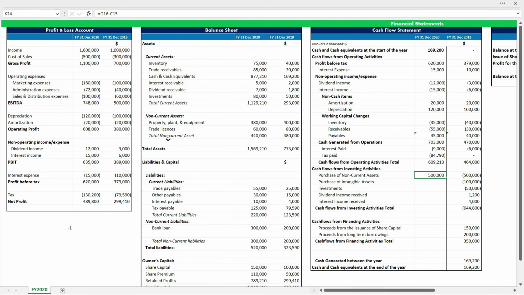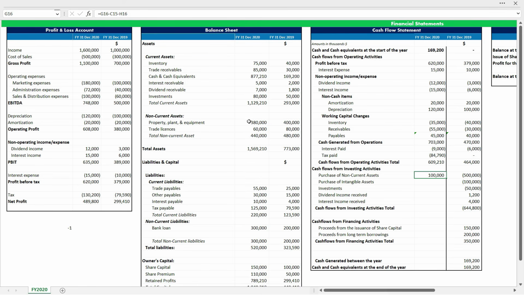And from this 500,000 we need to remove the opening balance, because that cash, that non-current assets were already there, we haven't purchased that in this year. So I'll remove the previous non-current assets, and that gives me $100,000. So let me repeat the whole process.